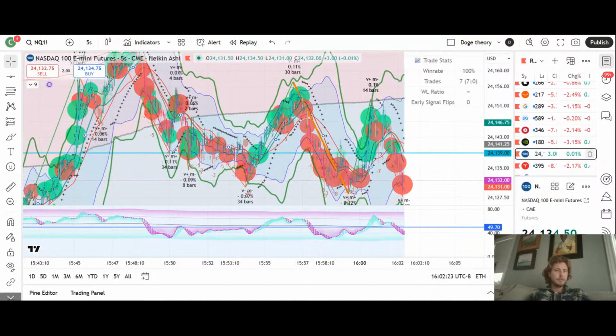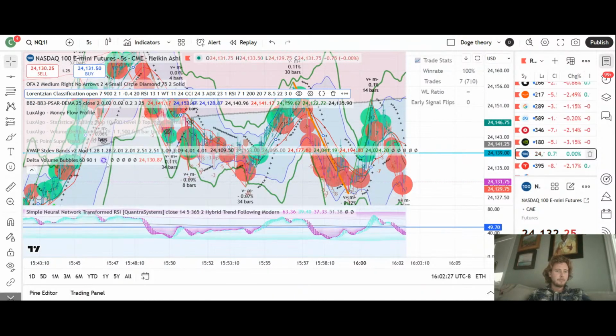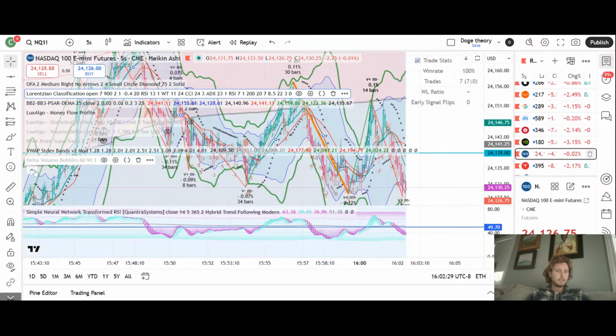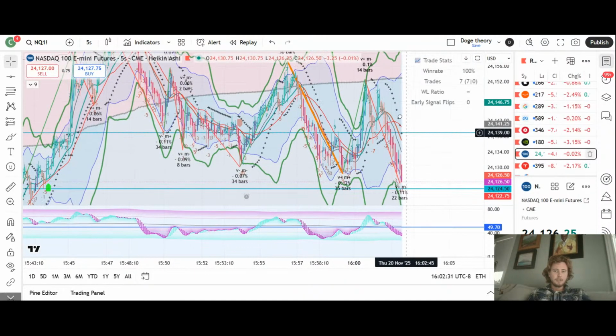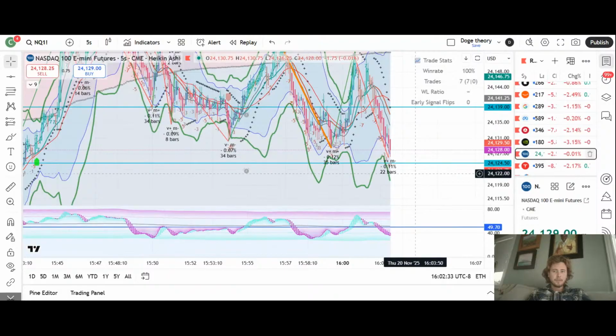Slightly touched and went back up. Let's make this more visible for everyone to see what happens here. 28 breach, not good. 24 is our last one. We have to get out of this trade. Hope it's range bound.